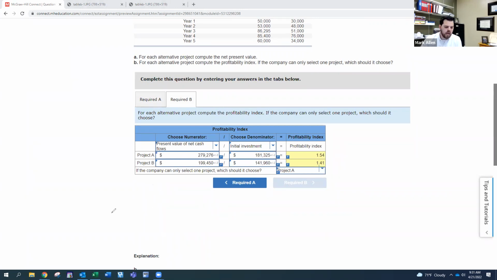If your profitability index is greater than 1, this is something you should consider investing in. If your profitability index is less than 1, then don't invest.